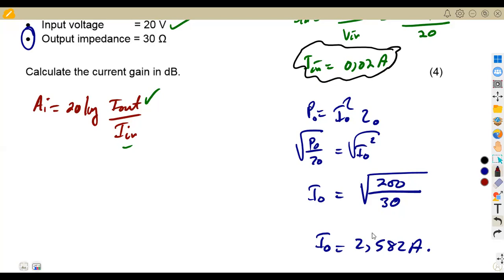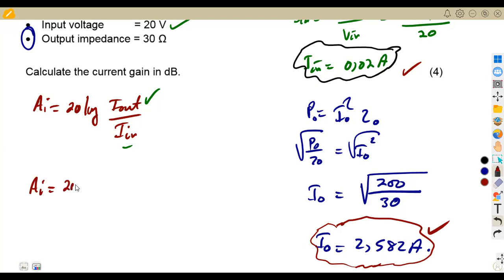You can use any other suitable formula that you understand to calculate the input and output currents. That is your choice, but you're supposed to have the same answer at the end. So the current gain is 20 log of the output current, 2.582, over the input current of 0.02.